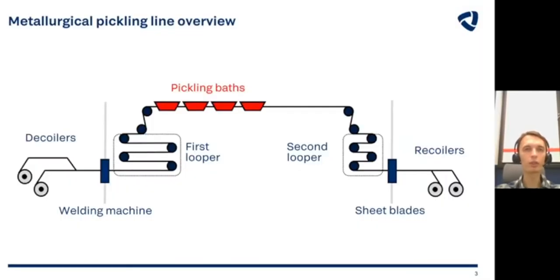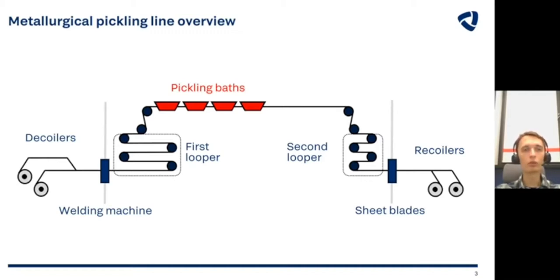Let's start with the metallurgical pickling line overview. I think that most of you know about it, but I should tell it. The metallurgical pickling line is a unit where you use acid in pickling baths to remove defects from the surface of the hot steel.